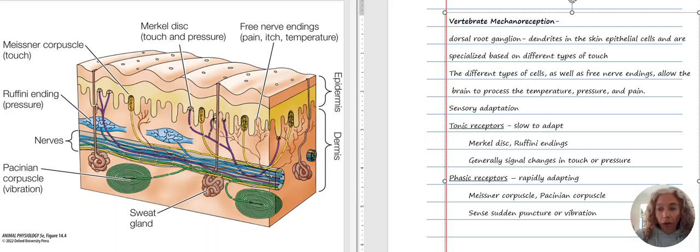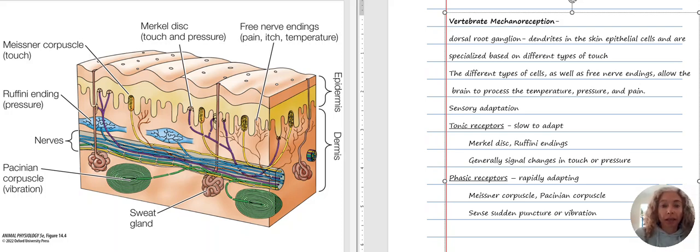So it's going to be quick, but then it's going to go away pretty rapidly. The Pacinian corpuscles only give a single action potential at the onset or offset of a prolonged stimulus. So these are going to respond to a sudden puncture or a vibration.